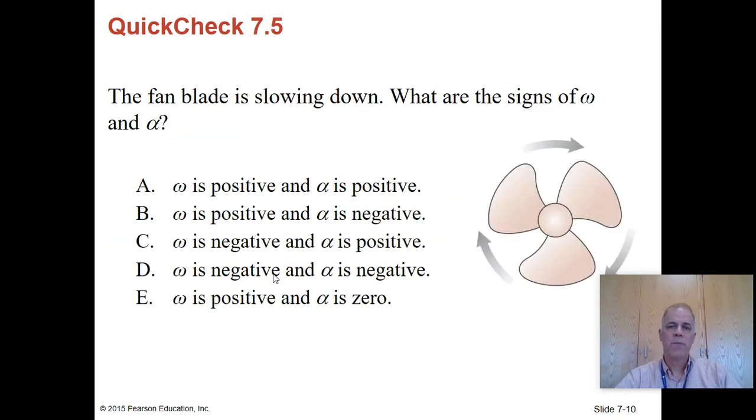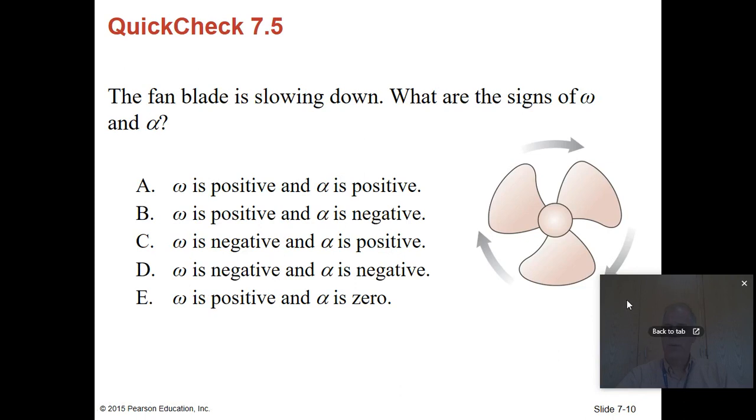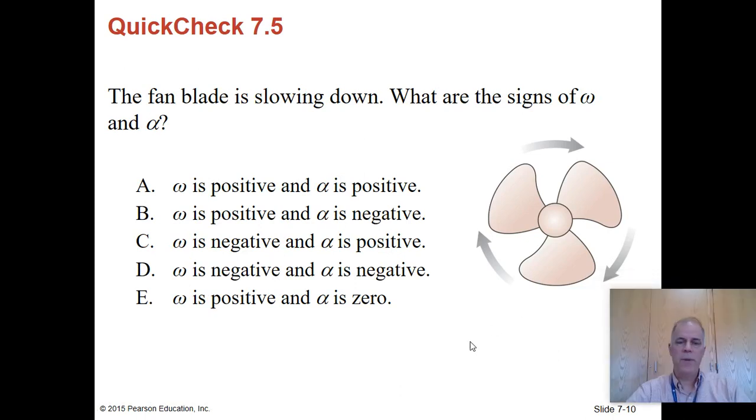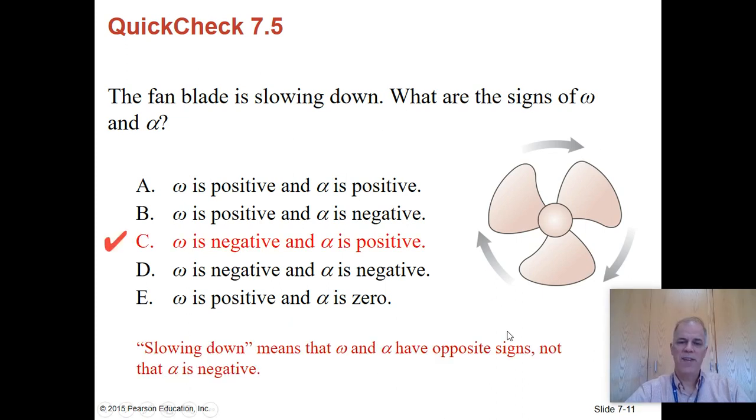Next one. Here's a propeller. Let me move my smiling face out of the way there a little bit. Okay. Want to know the signs of omega and alpha. Here's the answer. How about this one? There's the answer. Okay. And really what they're all asking about here is the conventions that we use for positive and negative.